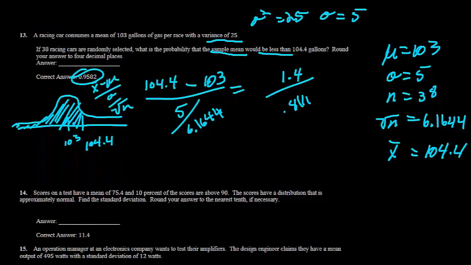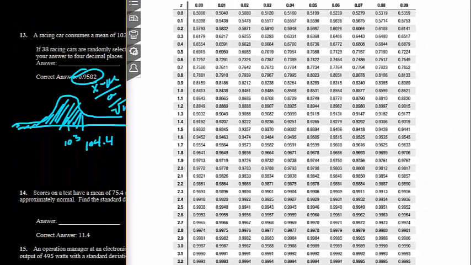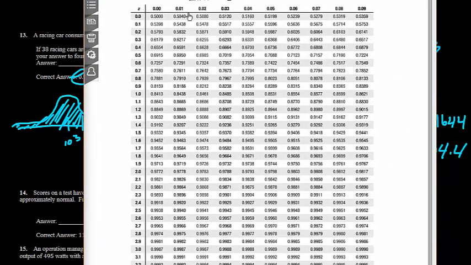Yes, effectively, that's correct. 1.72 rounded up is 1.73. 1.73 is 0.9582.